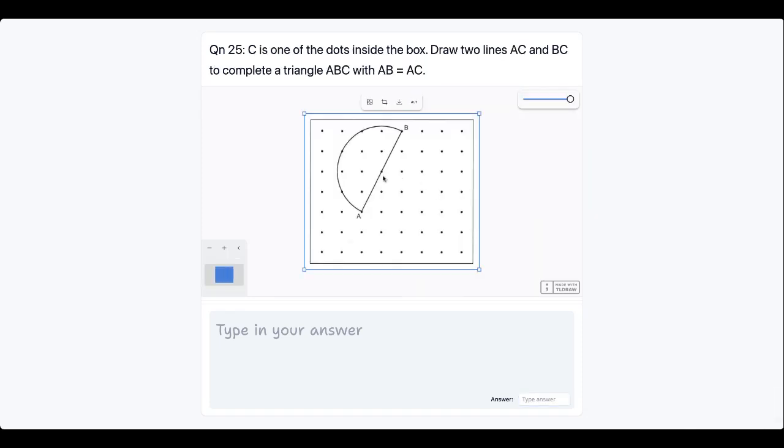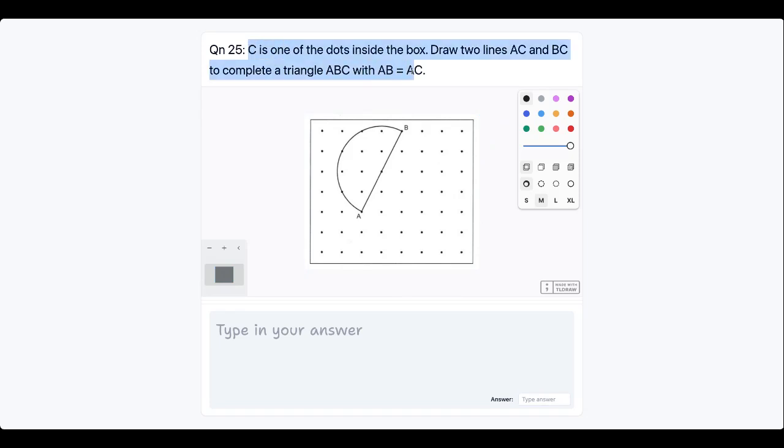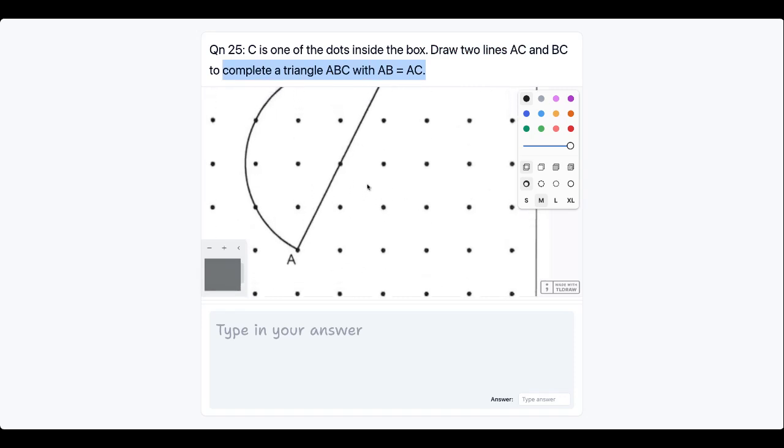Question 25. C is one of the dots inside the box. Draw two lines, AC and BC, to complete a triangle ABC with AB equal to AC. That's what you see over here. If you look at this, I can draw two lines like this.